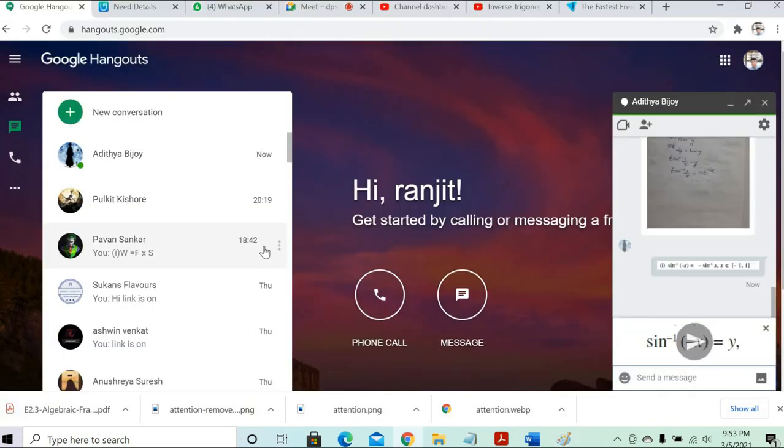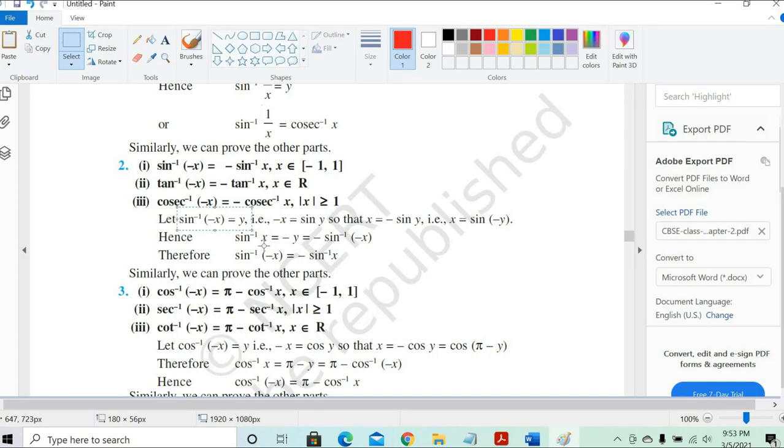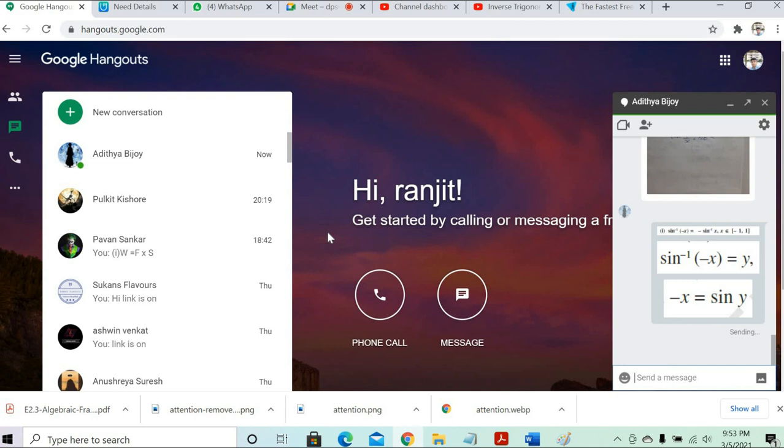So what will become? Minus x is equal to sine y. Sine inverse goes to the other side. Minus x is equal to sine y. Clear?